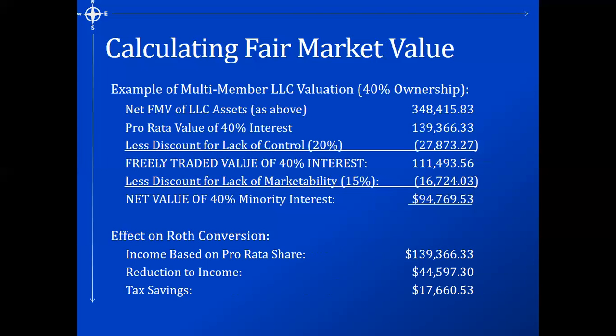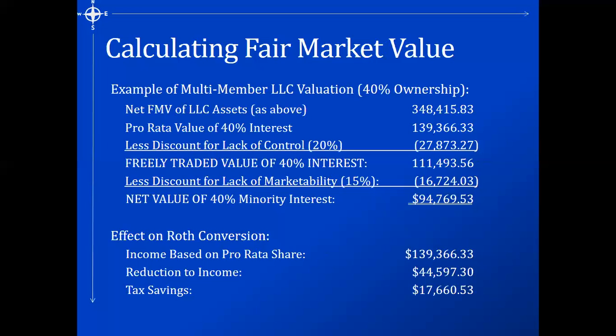So you have a valid business appraisal done by a qualified appraiser, and qualified is a technical IRS term, that tells you that the value of your LLC units for purposes of converting to Roth is $94,769.53. Are you then going to report the value of your interest at $139,000?